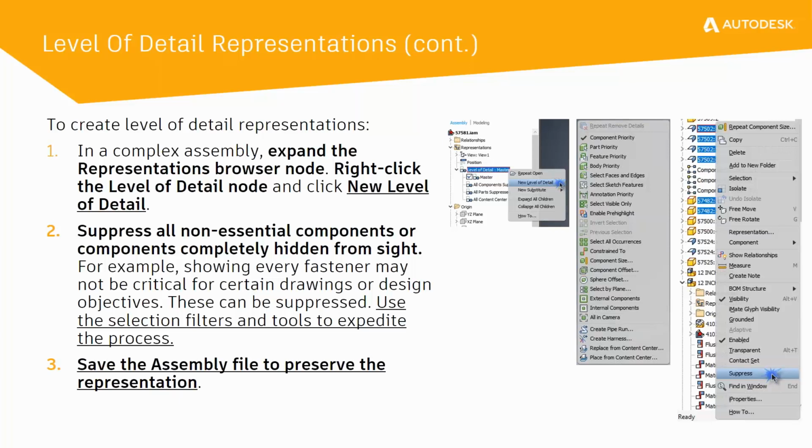You can then move through and suppress all non-essential components inside of that assembly, which are completely hidden from sight. And again, you can use the selection filters to help speed up that process as well. Remember that at the end of that process, you also need to save the assembly file to preserve the representation that you've created.